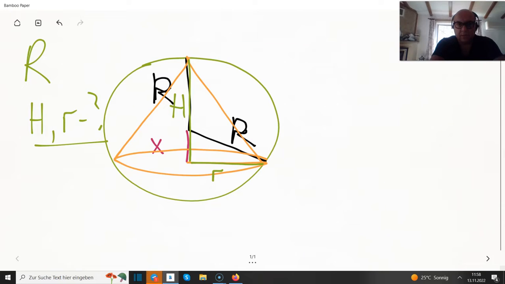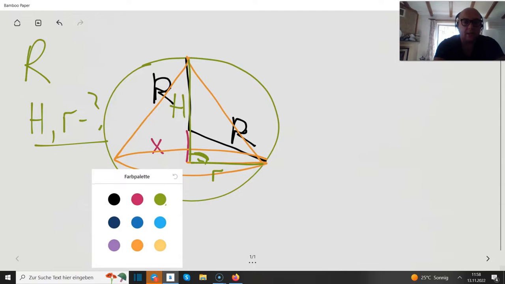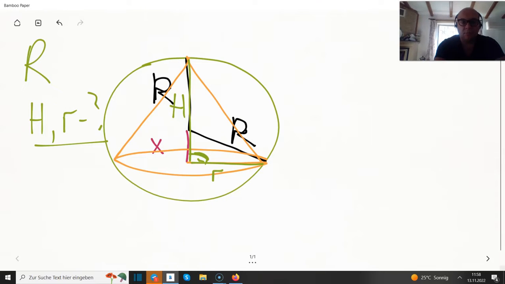All right, so you see basically 95% of success in this case is the picture which I've done. So this is the 90 degree angle here. We got the Pythagorean theorem applicable, and basically we have x squared plus r squared equals capital R squared.